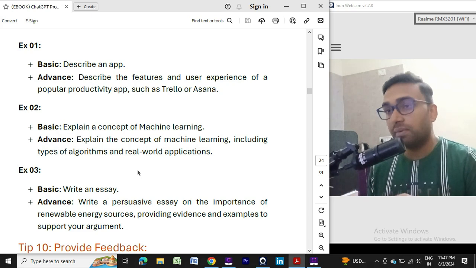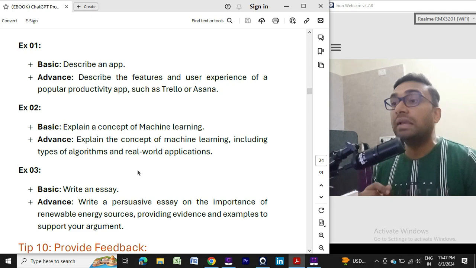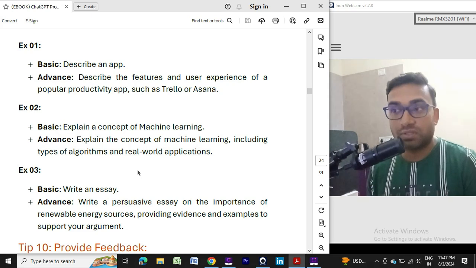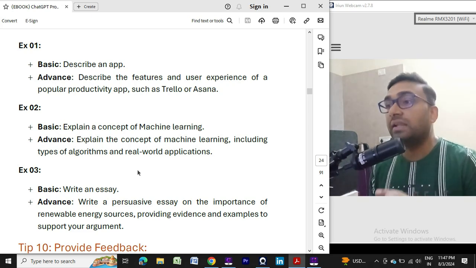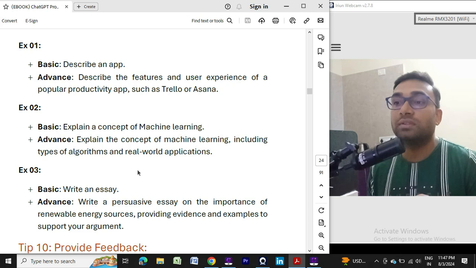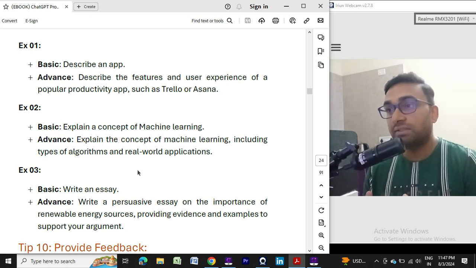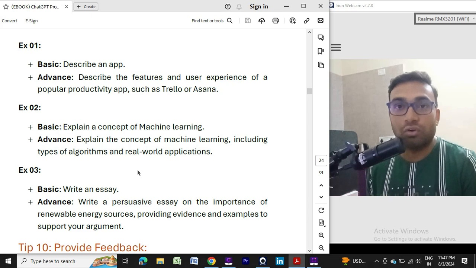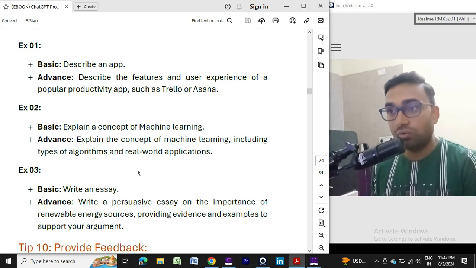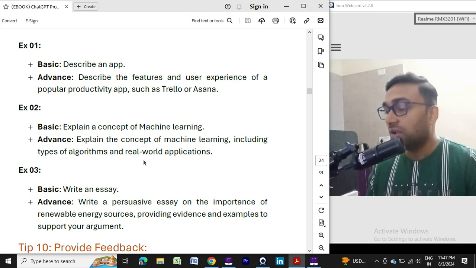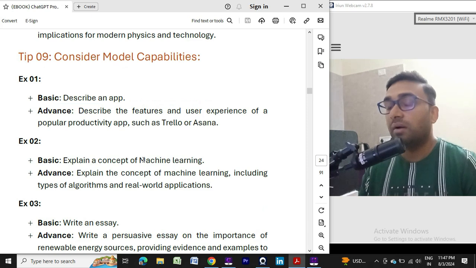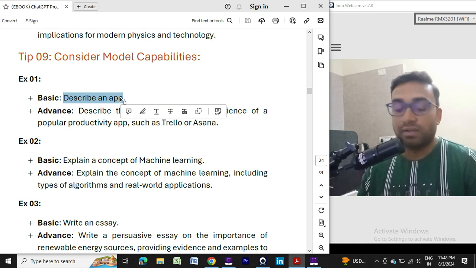Whenever you provide the input, keep in mind to ask for evidence, supporting documents and examples to support your argument. So it will be more specific. We will see practically how it responds. Suppose I am asking: describe an app.